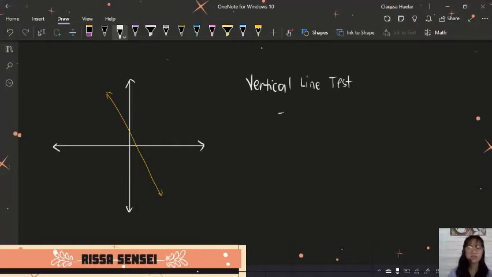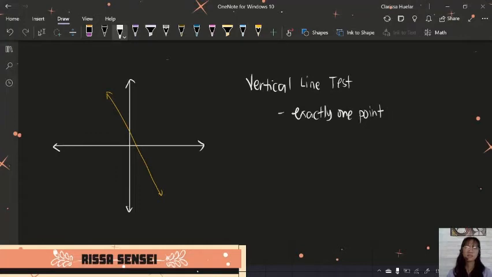So when we say vertical line test, we are dropping a vertical line that will pass through the graph na tinetest nating. At kapag dumaan lang siya at exactly 1 point, so ito yung kailangan nyo tatandaan. It must pass the graph at exactly 1 point. Masasabi natin na function na yung graph.